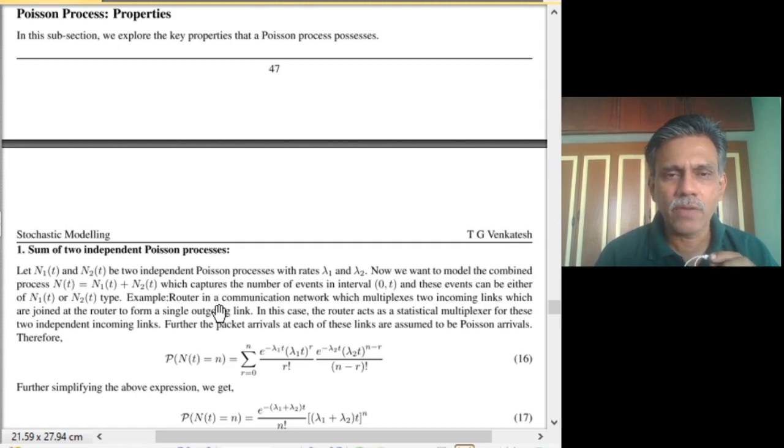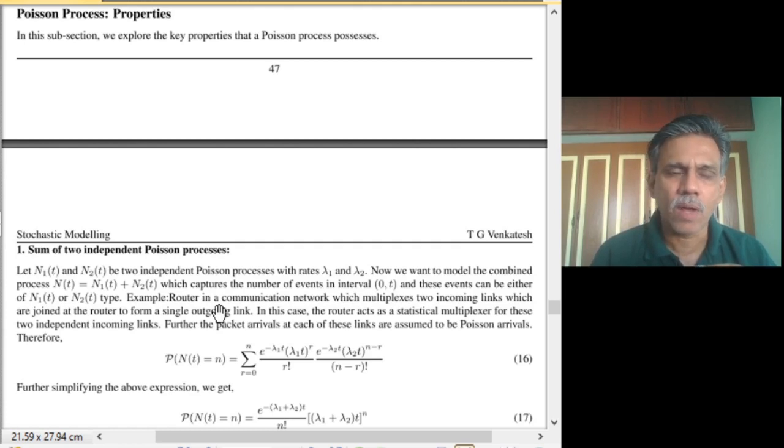In particular, whether an event has occurred due to process 1 or due to process 2, they are together being noted to account for the combined process. We call this kind of counting of the event, either due to one or more Poisson processes, statistical multiplexing.